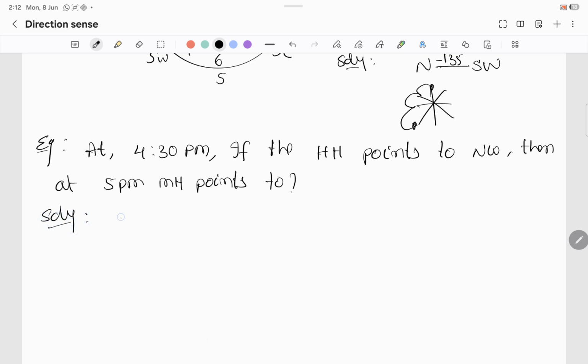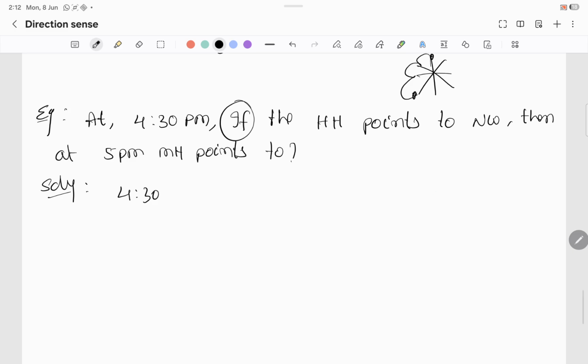At the time of 4:30, whether it is correct or not we don't know. If the hour hand points to northwest, at 4:30 the hour hand will be pointing nearly 4, between 4 and 5. It is southeast actually, but in the question they have given northwest.